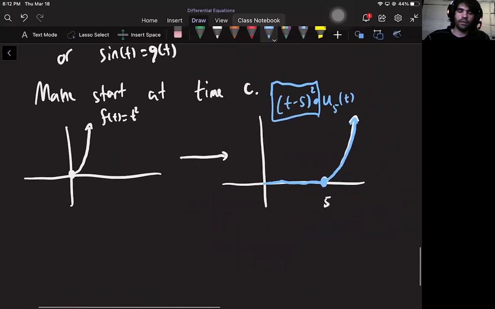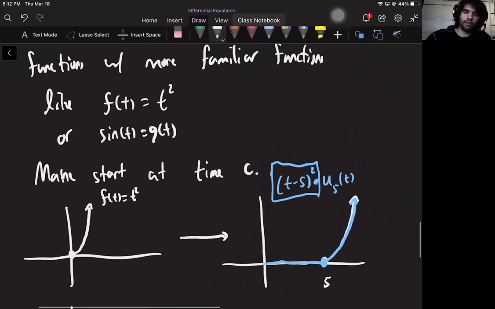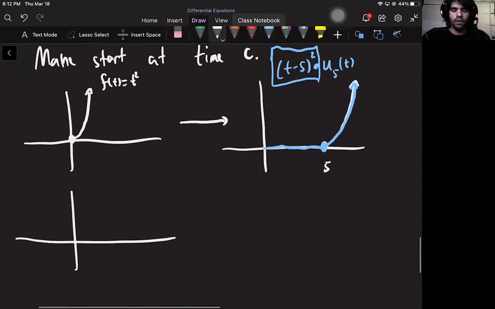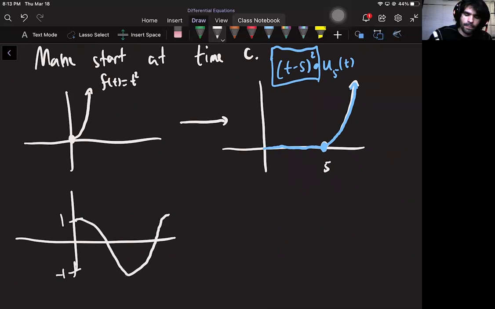And so we could do the same thing with sine of t. Let me do cosine of t, actually I am going to go back and change all that. G of t will be cosine of t. If I could write correctly, there we go. So cosine of t looks something like this, if you remember from back in the day. Whoops, that's too sharp of a curve. That's okay. So that's one period of cosine.